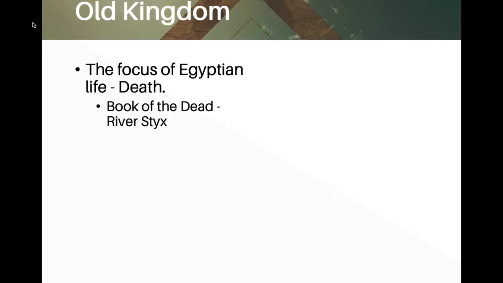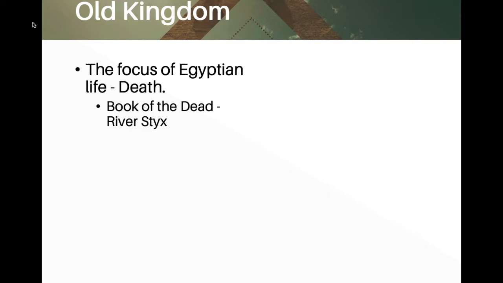As you see there on the screen, you see this term river Styx. River Styx was a river that the dead soul would have to cross to reach the underworld. The only way for this deceased soul to cross the river Styx was on a ferry boat rowed by a terrible boatman named Charon.